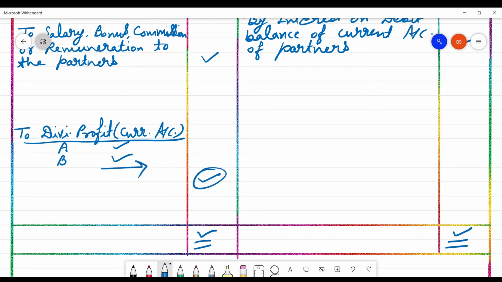And if debit side total is more than the credit side total, it will come divisible loss. It will also transfer to current account.